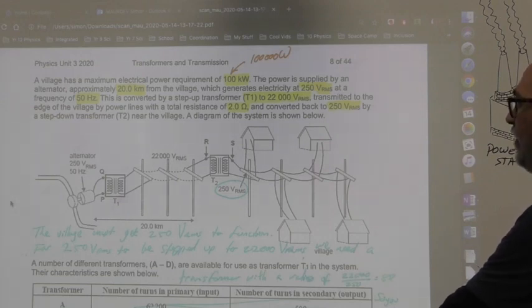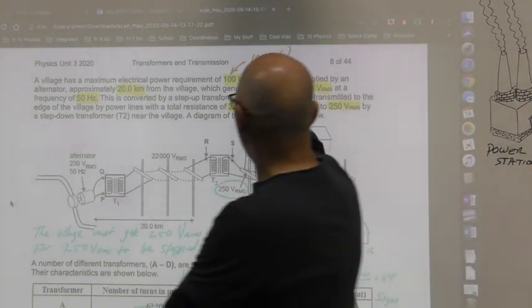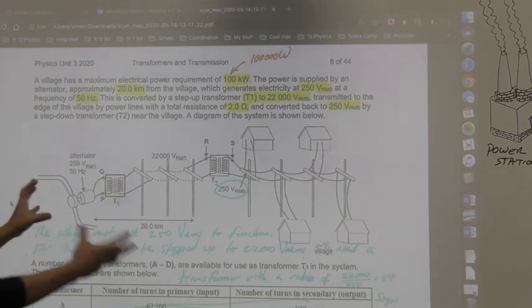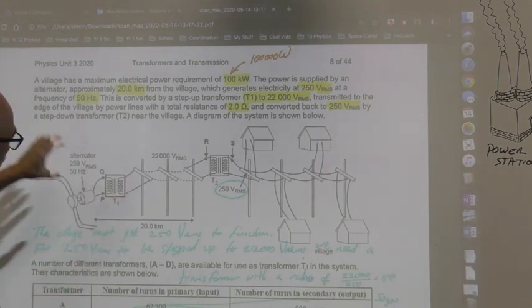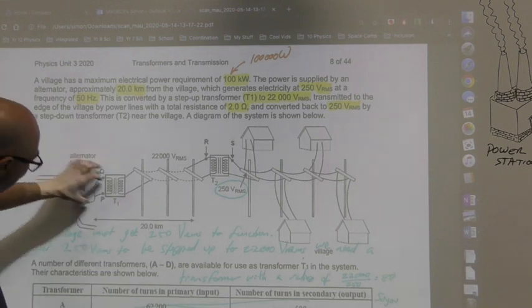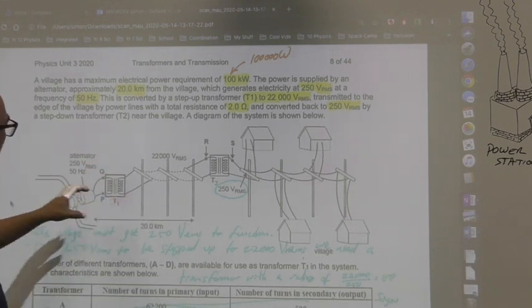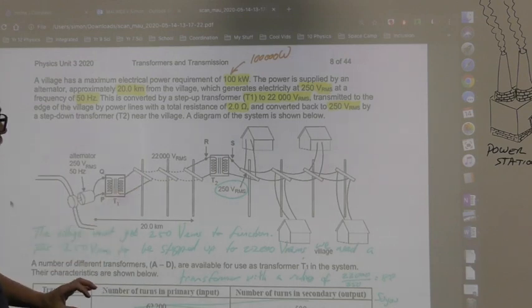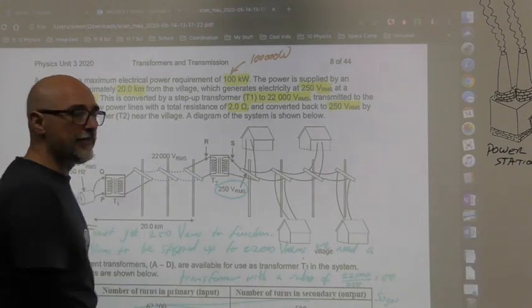It gives you everything, right? This is converted by a step-up transformer T1 to 22,000 volts. So in other words, what you're looking at here is 250 volts go in, and 22,000 volts come out. All right, 22,000 volts hit the transmission lines.